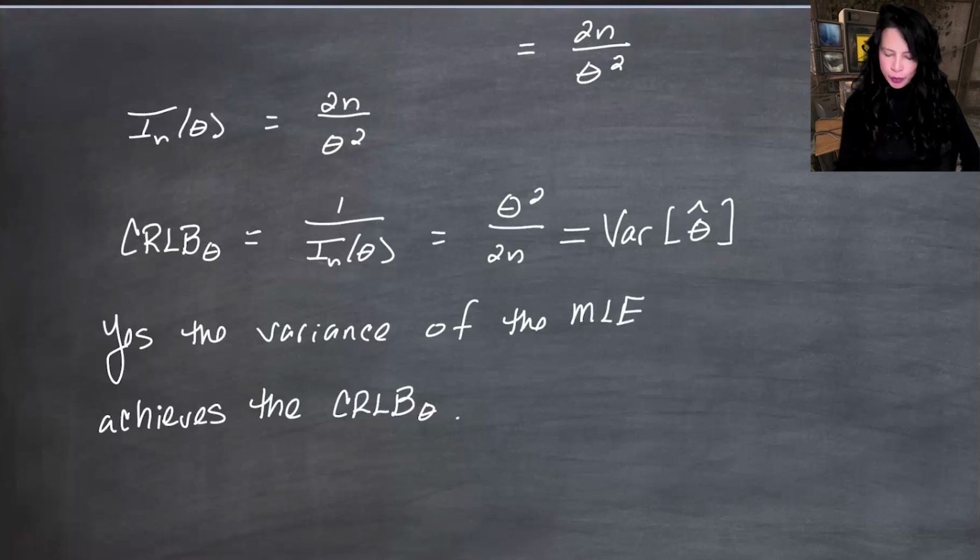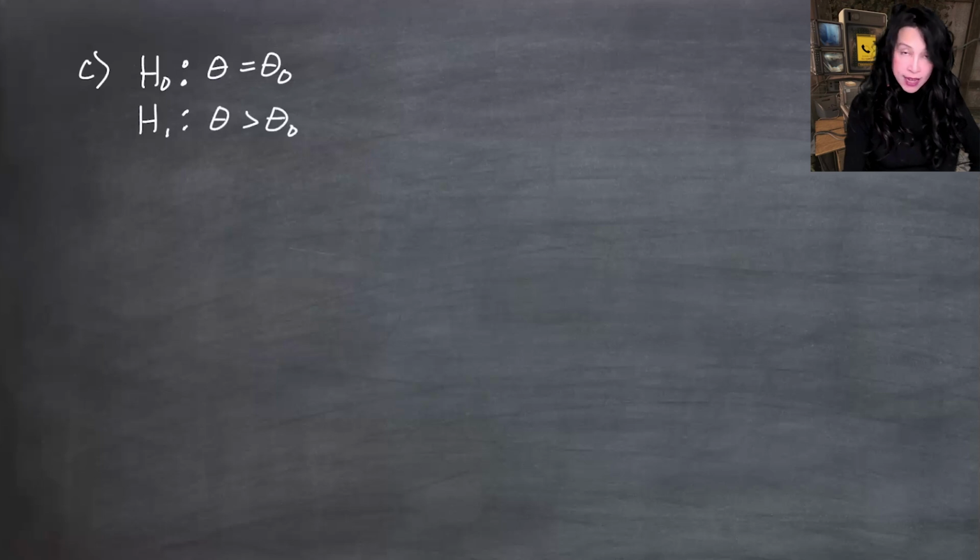Okay, so I have one more part, part C. We're going to try to take some of the new things we learned about MLEs to maybe help us do a hypothesis test. So let's do a hypothesis test where the null hypothesis is that theta is some fixed theta naught, and the alternative is that theta is greater than theta naught, and theta naught is fixed and known.